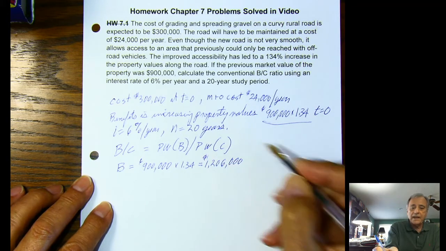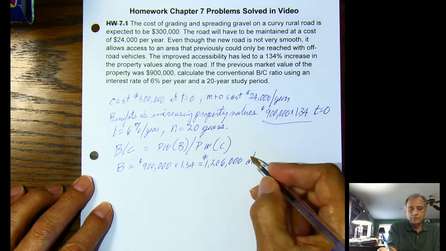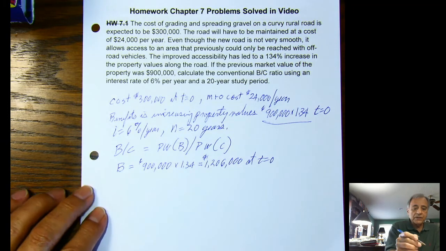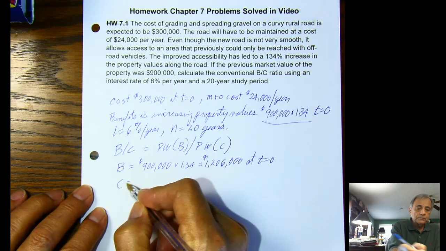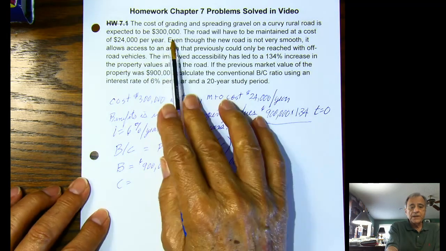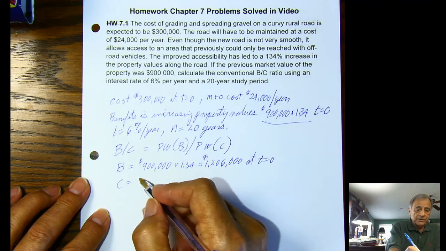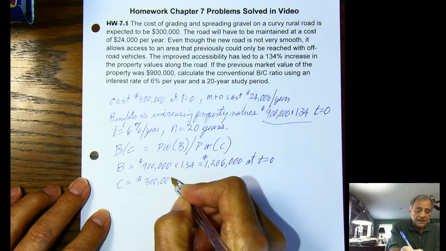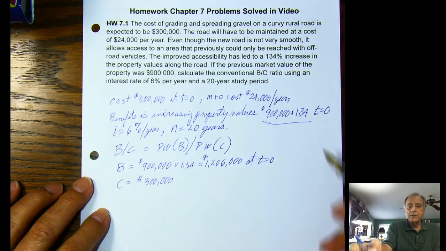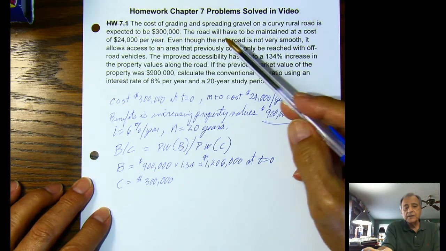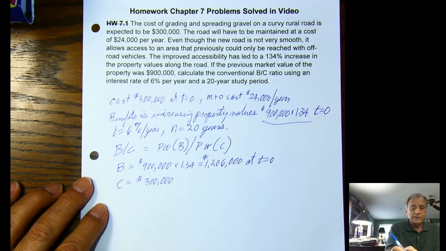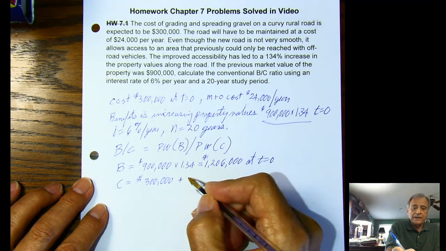And that's at time zero. So that's a present value. The cost is $300,000 to build a road. So that's at the present time, so I'll just write that down. But then you have this operating and maintenance cost of $24,000 a year for 20 years. So I need to bring that to the present.